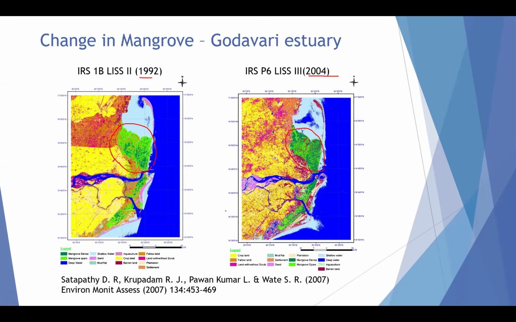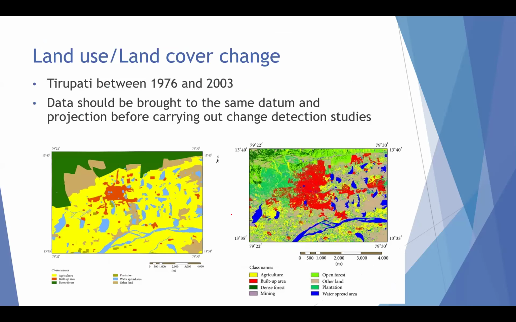And the work is not stopping here. Now what we try to do is project the land use land cover for the next 20 or 30 years, then apply climate change to this, so that you can get to know how your stream flow is going to change in future.